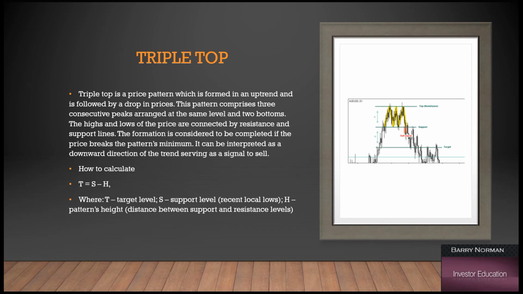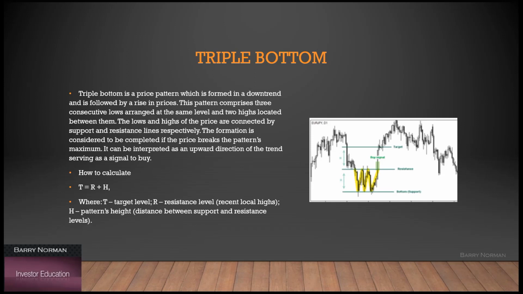The target is equal to the support level less the height of the movement, where T is the target level, S is the support level, and H is the height of the pattern. We could simply take the height of this pattern, come down here, and the breakout target point would be there. Because remember, to set trades, we always need a target point. We need a stop loss point, a target point, an entry point, and an exit point.